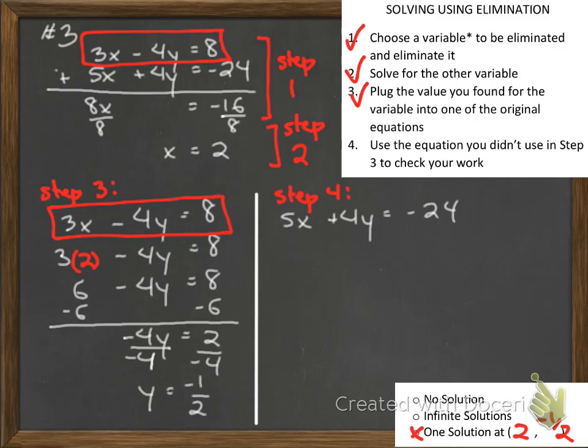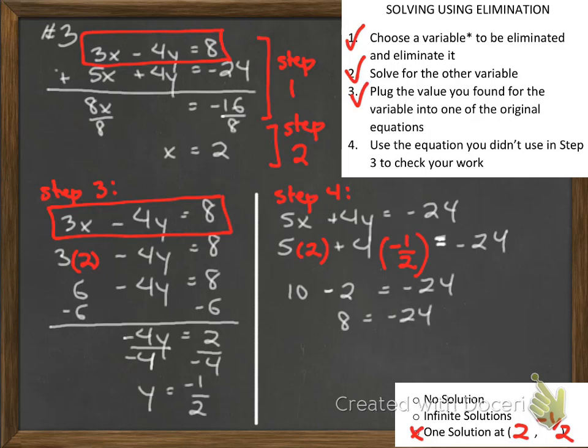So let's see what happens when we put 2 in place of x and negative 1/2 in place of y. I'm just bringing down the rest of the equation around these values. That's an equal sign. 5 times 2 is 10. 4 times negative 1/2 is negative 2. So we end up with something that looks like 8 equals negative 24. And this is clearly not true.